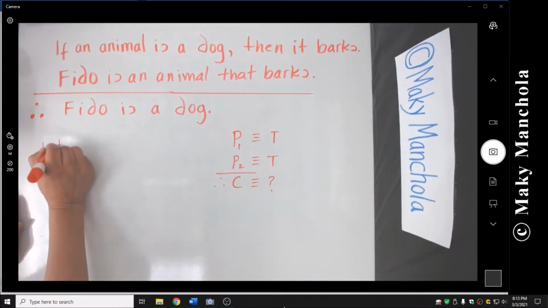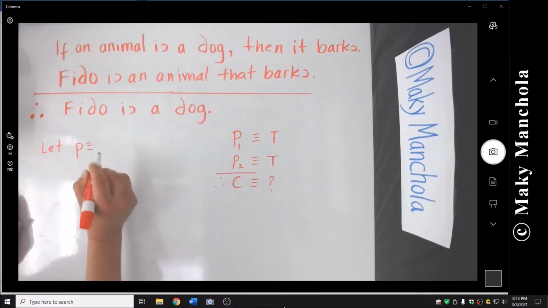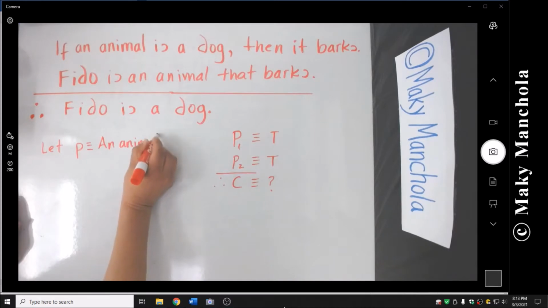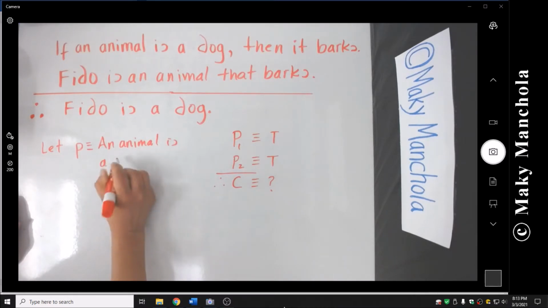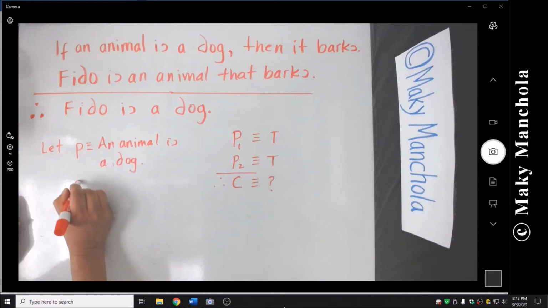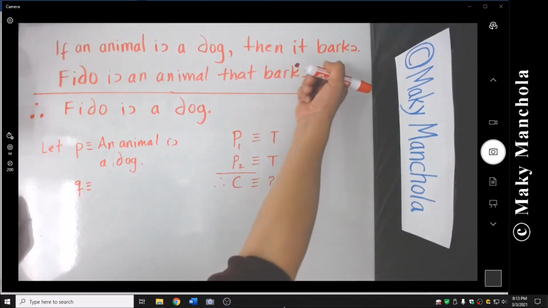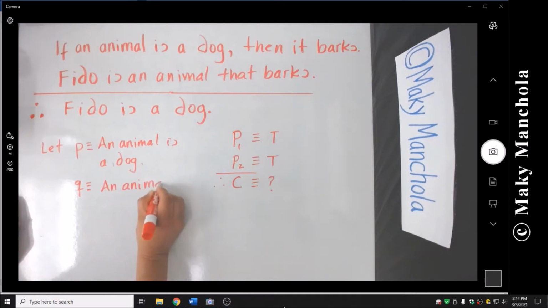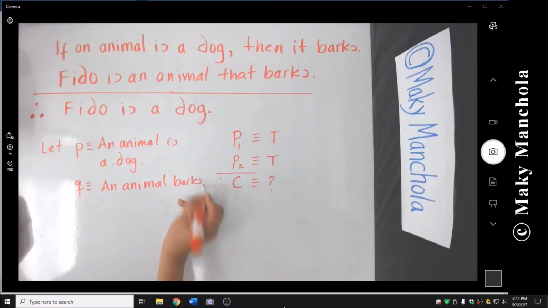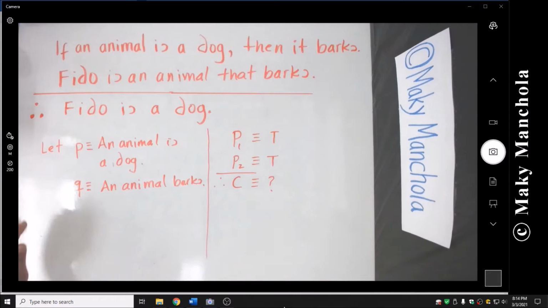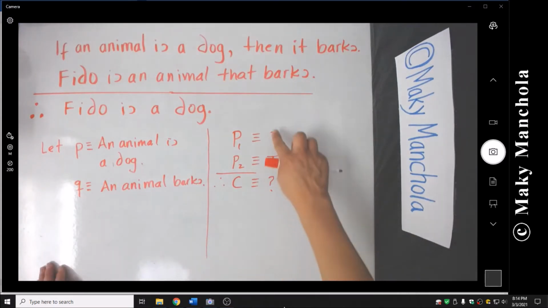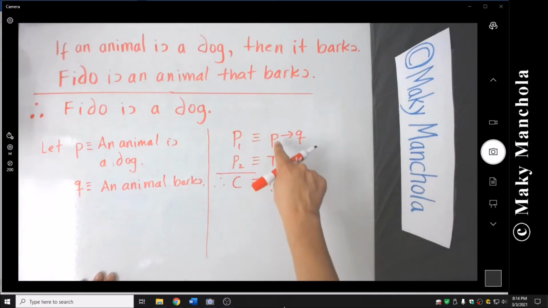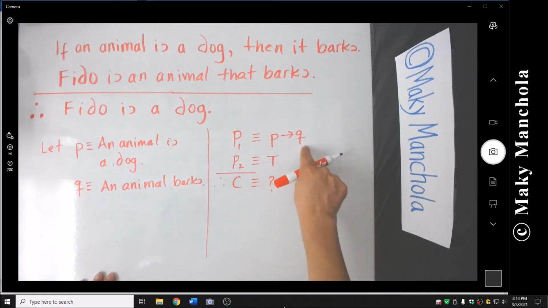So let P be an animal is a dog, Q be an animal barks, so our first premise is then P implies Q. If an animal is a dog, then it barks.